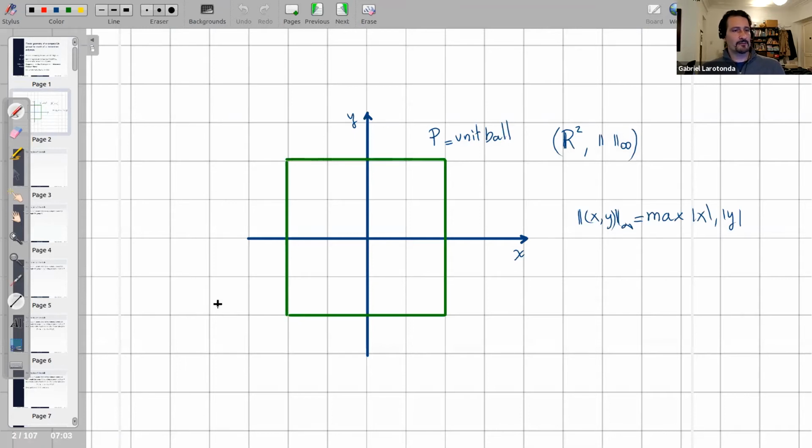So if we are in R2 with the infinity norm, which is just the maximum of the coordinates, everybody knows that this one is the unit ball of the sphere for this norm, right? And it is a very nice polyhedra.